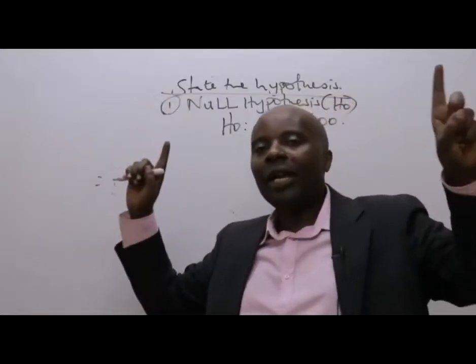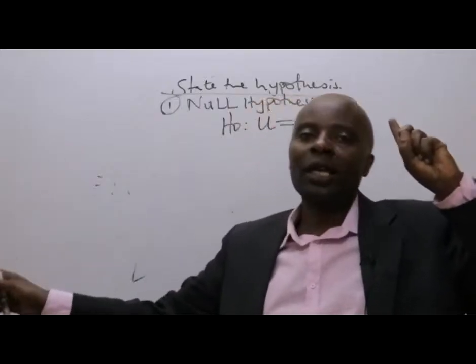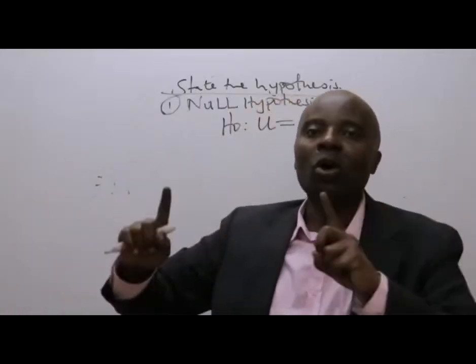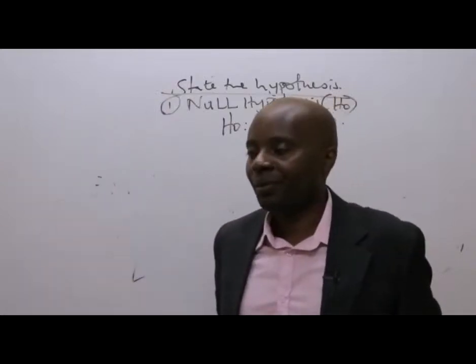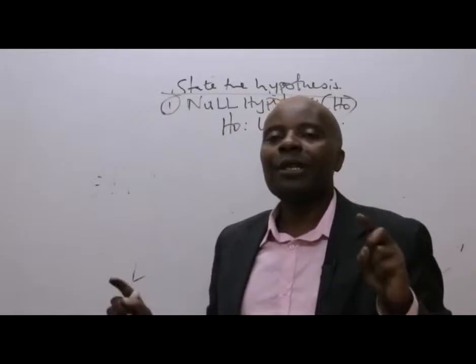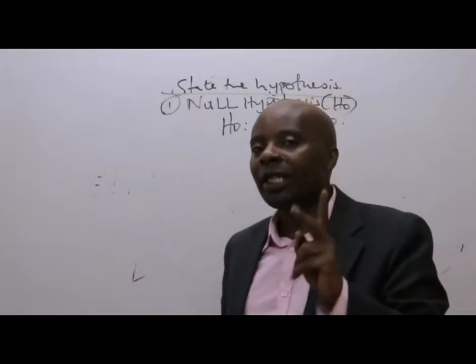But you and I know that there is a possibility of this bulb taking either a lower or a higher duration. So here we shall be carrying out a 2-tailed hypothesis test.